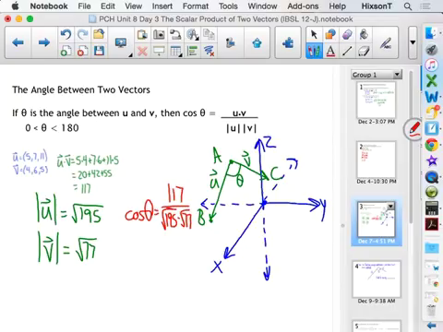What do I know about theta? It's going to be between 0 and 180. More specifically, I can narrow it down even more. Is it acute or obtuse? Between 0 and 90 or between 90 and 180?